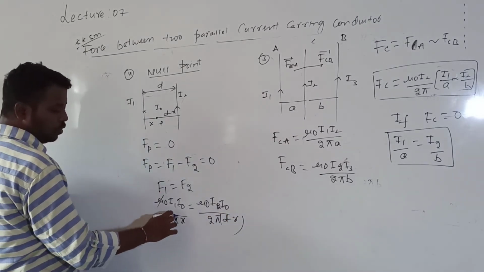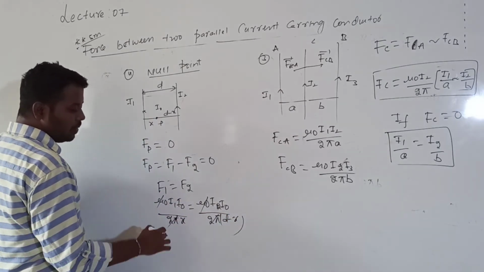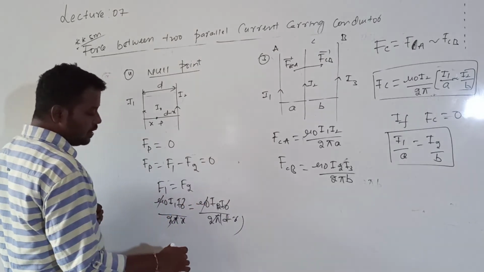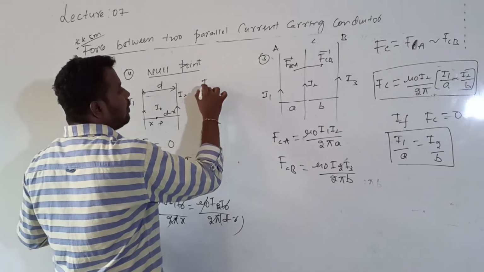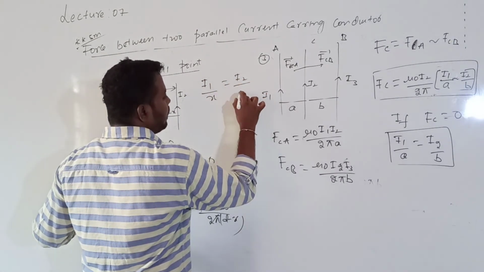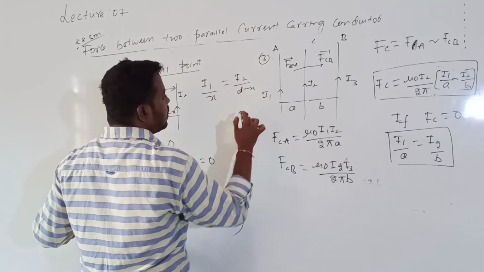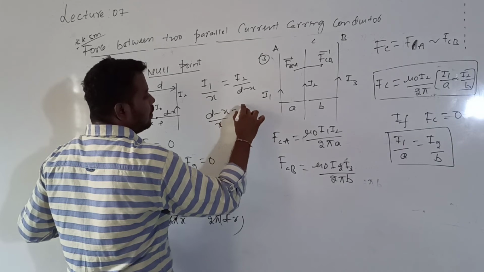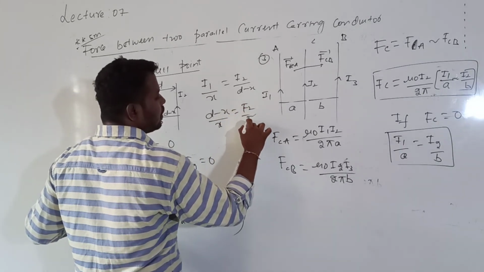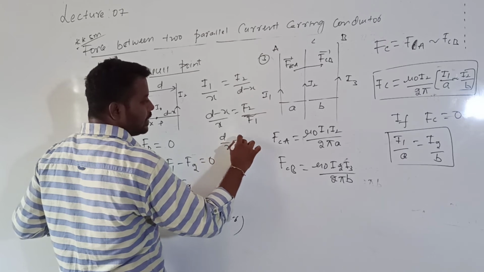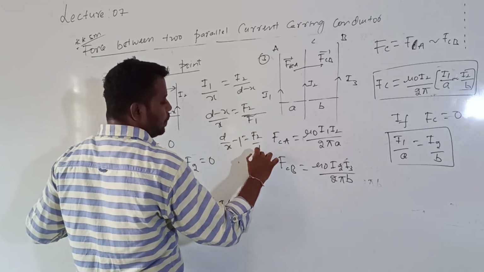So mu naught by 2 pi cancels, and I naught also cancels. Then what will I get? I1 by x will be equal to I2 divided by d minus x. So from this, d minus x by x will be equal to I2 by I1. So d by x minus 1 is equal to I2 by I1.